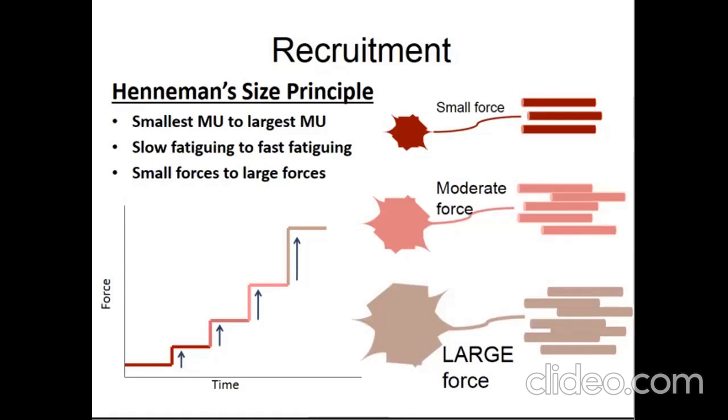So at lower levels of force generation, which means easier effort, smaller motor units containing type 1 slow twitch fibers are recruited first. Then as force requirements go up, recruitment increases to larger motor units containing larger type 2 fast twitch fibers.